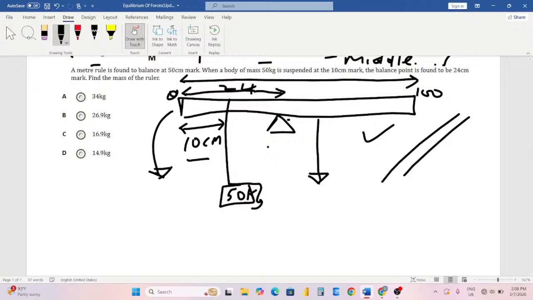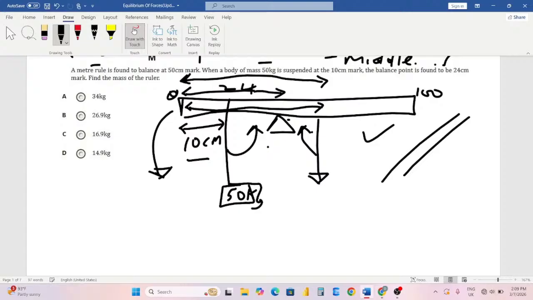So anti-clockwise moment equals clockwise moment. Now it is important to note that the mass of the ruler will be felt at the 50 centimeter mark.